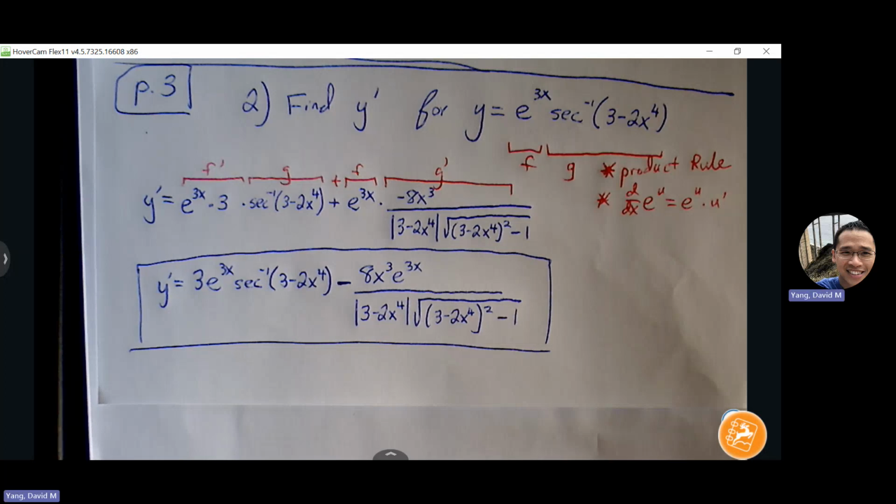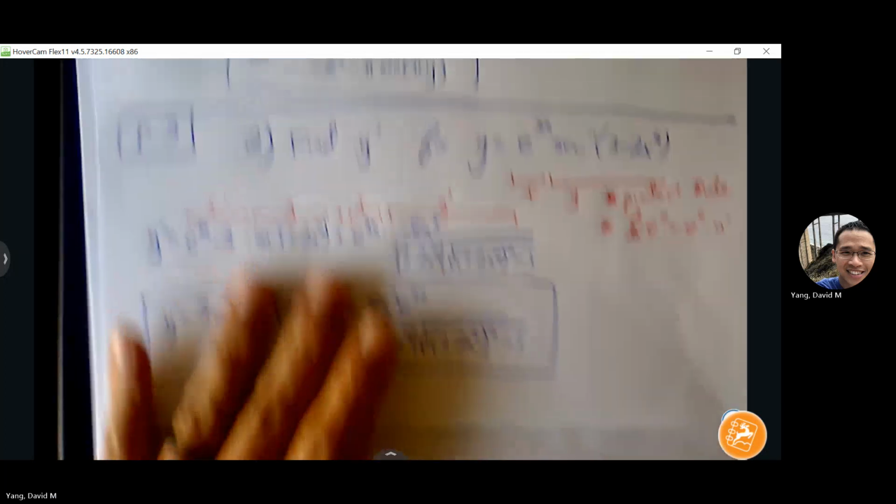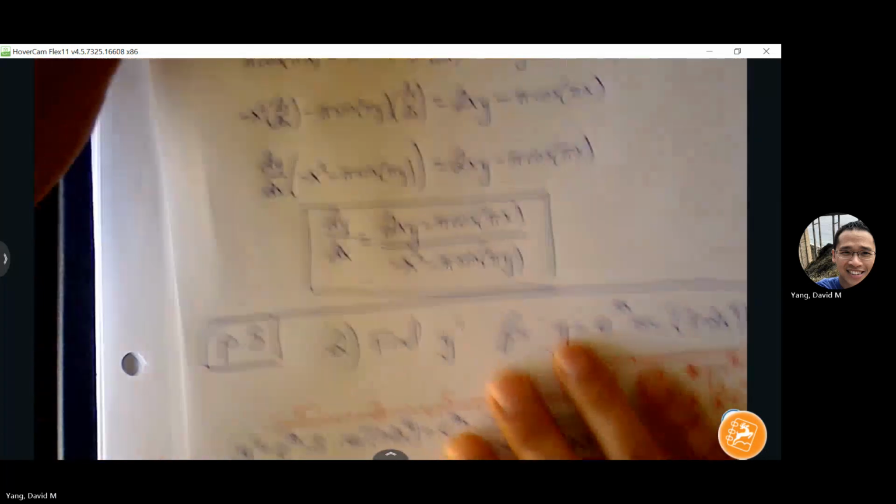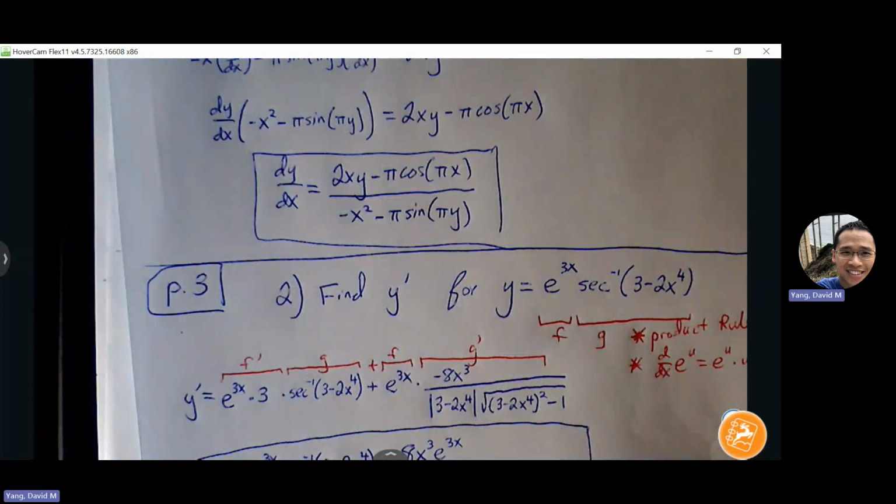Okay, let's see if we can finish off with a curve sketching problem. This is page 4, number 6. You can have your calculator out, so you can graph it and check your work.